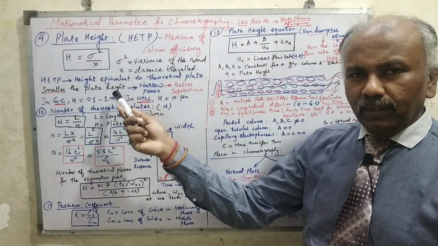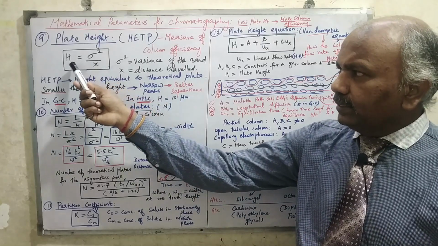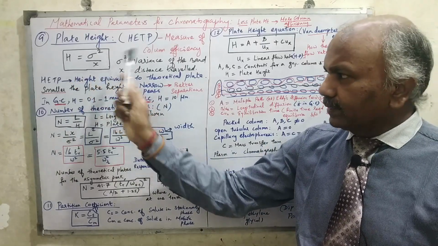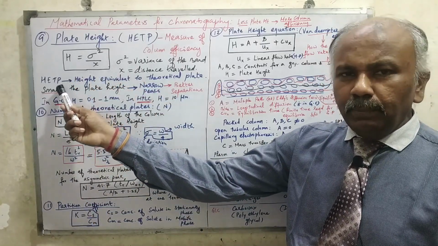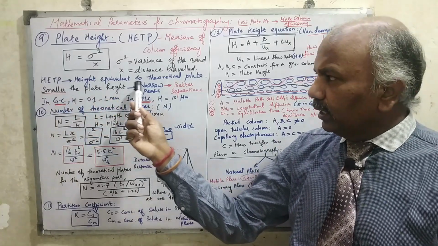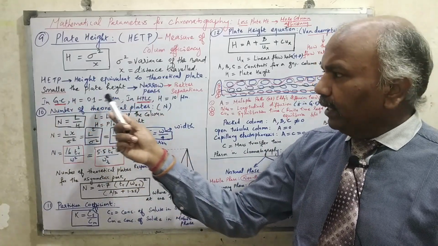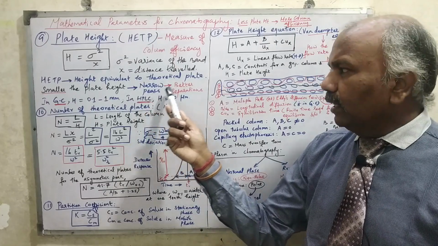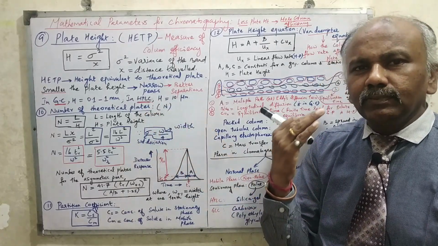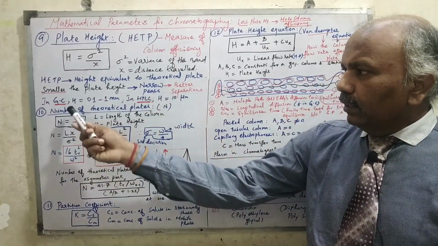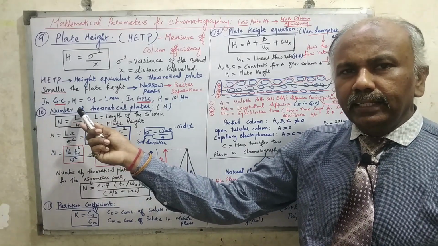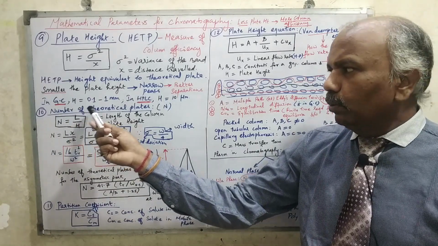So now H is equal to sigma square divided by X. This HETP, as I already told, is the height equivalent to theoretical plate. So the smaller the plate height, you will get narrow peaks and better separations. In gas chromatography, the plate height will be equivalent to 0.1 to 1 millimeter.